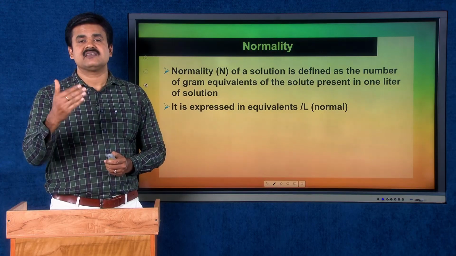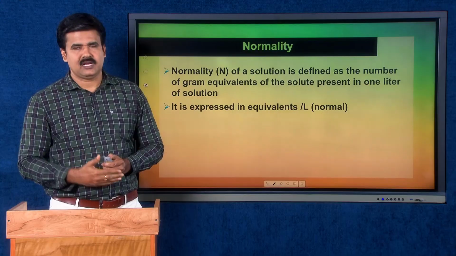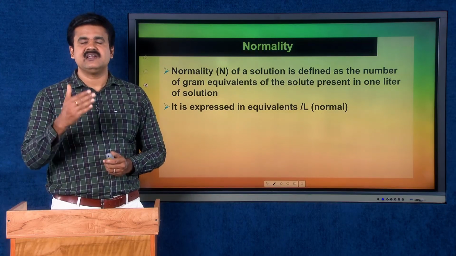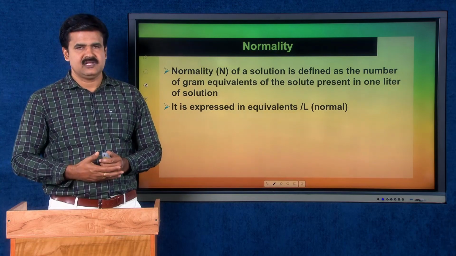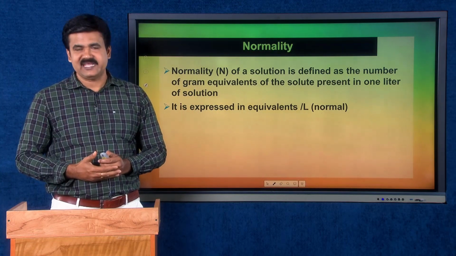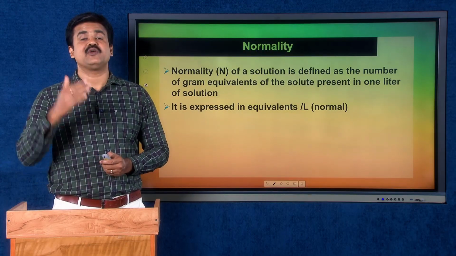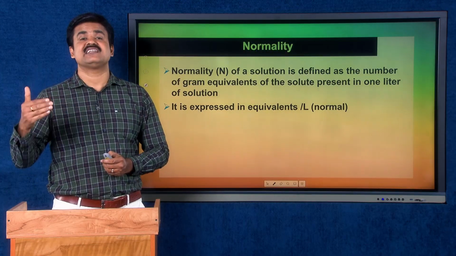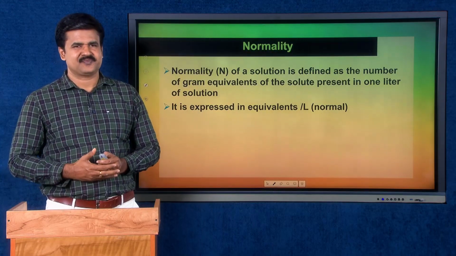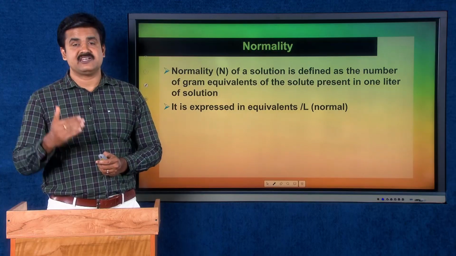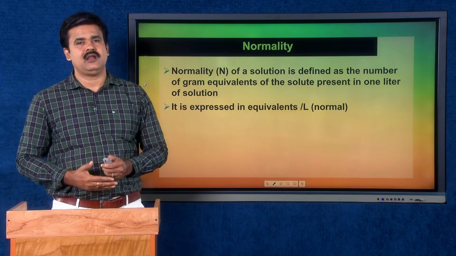So, a 10 normal solution means 10 equivalents per liter. A 0.5 normal solution means 0.5 equivalence of the solute present in a liter of the solution. That's why the normality is expressed in equivalence per liter. You can call it normal.